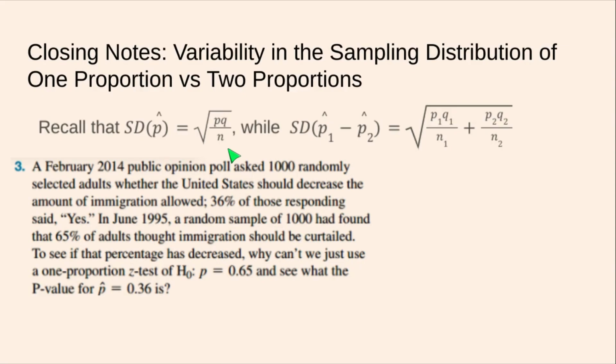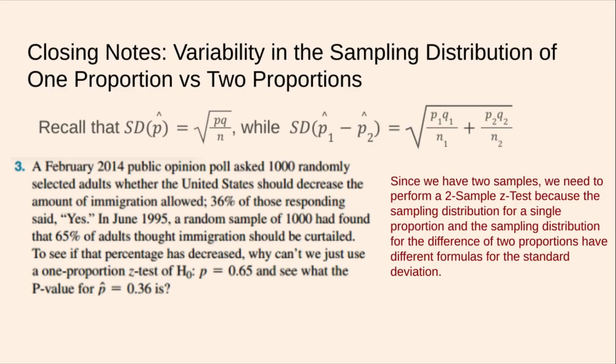To see if that proportion has decreased, why can't we just use a one proportion z-test of H sub 0: p equals 0.65 and see if the p-value for the sample proportion is really, really low, or this is not likely, but a high p-value. So we just analyze the p-value that way.